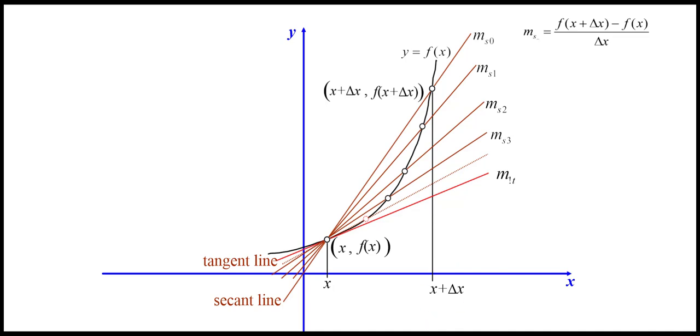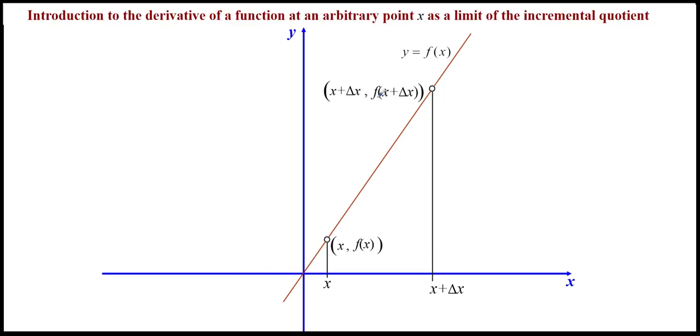Basically the story starts from the simplest case which each one of us is expected to know, which is the case of calculating the gradient of a straight line given on the system of axes.